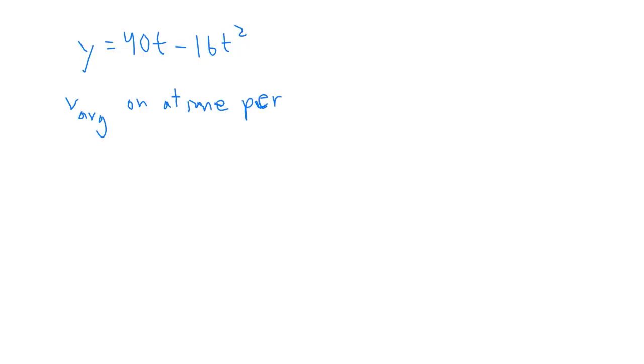Essentially, we've got our y equals 40t minus 16t squared. And if you're asked to find the average velocity on a time period, what you need to do is plug in different values and use the equation (y2 minus y1) over (x2 minus x1).